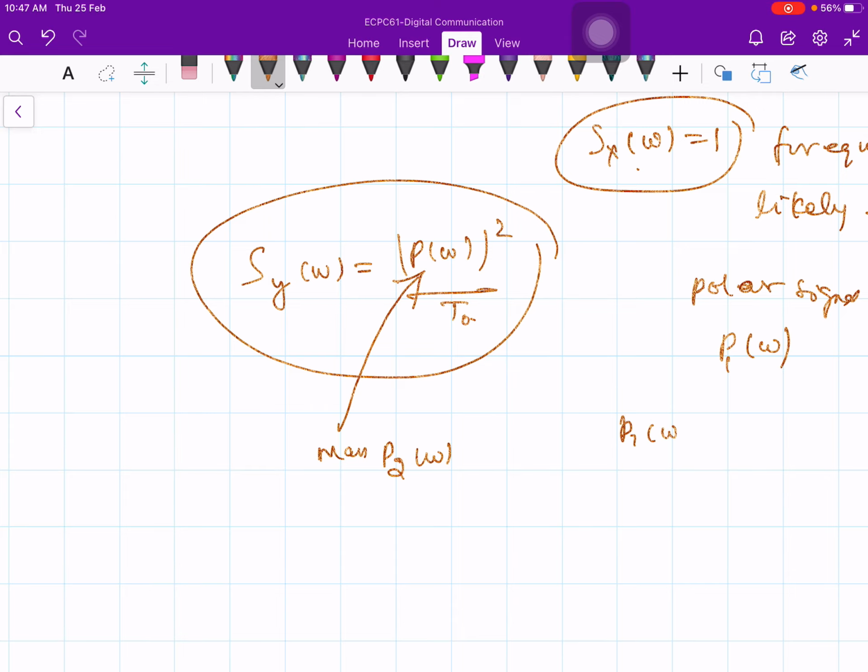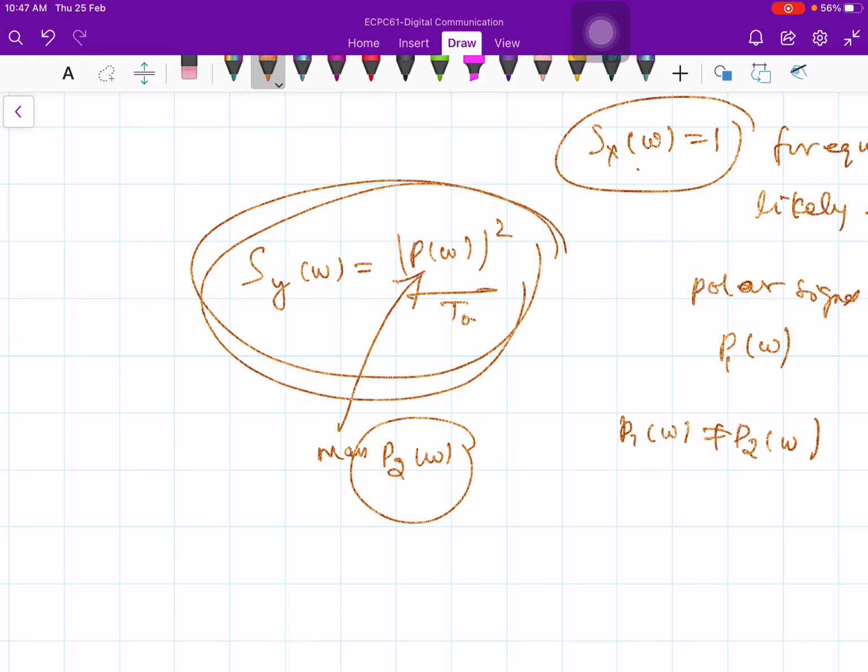This P1 of omega is not equal to P2 of omega. So it is almost similar to the polar scheme, but there is an important difference between the power spectrum of Manchester coding and polar coding: this P of omega is different.